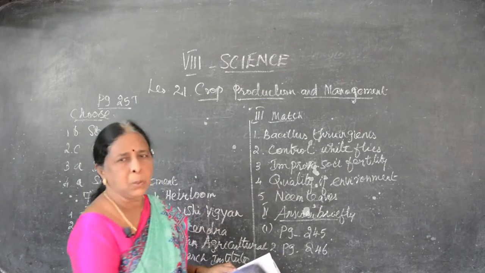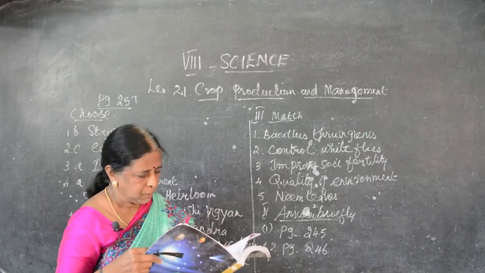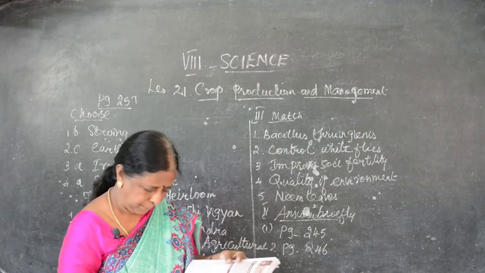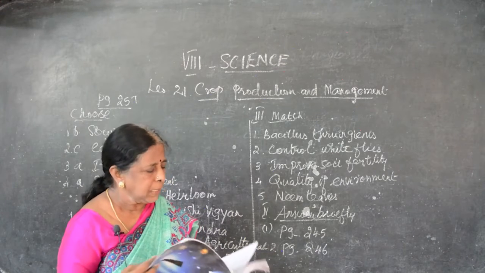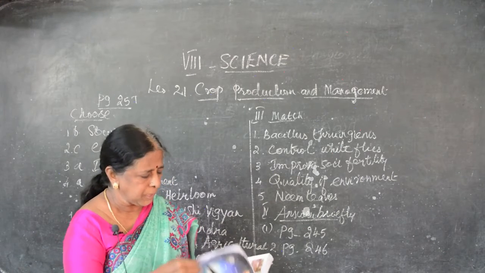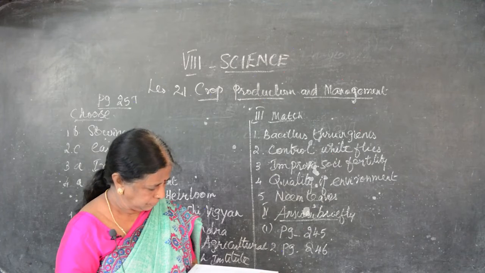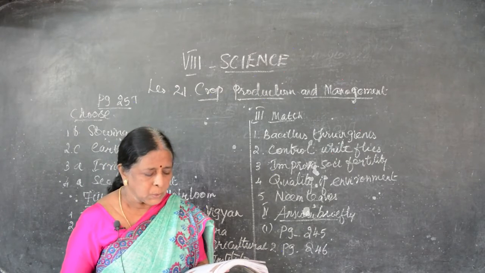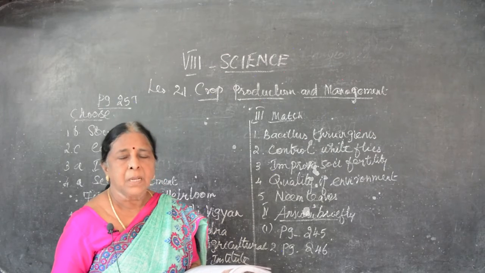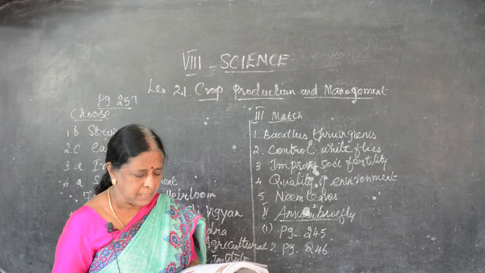Other questions are omitted. Take 246. Question is, name the methods of sowing. Under the heading sowing of seeds, last line.